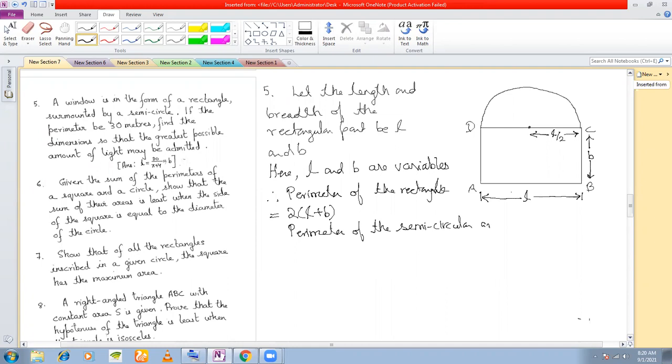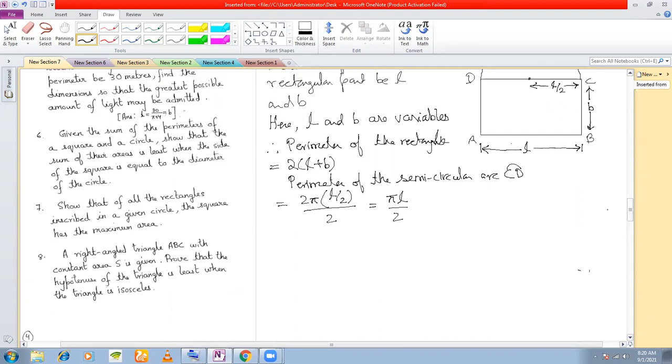Semicircular arc CD is equal to 2 pi r. R here is L by 2, and divided by 2 because it is semicircle, which gives you pi L by 2. Okay. This is the perimeter of the semicircular arc.